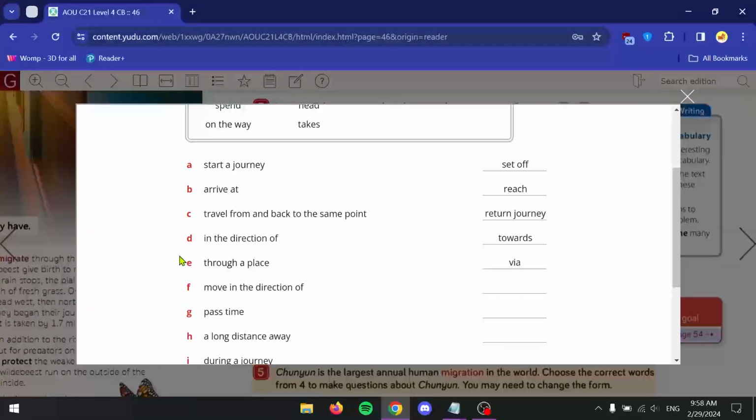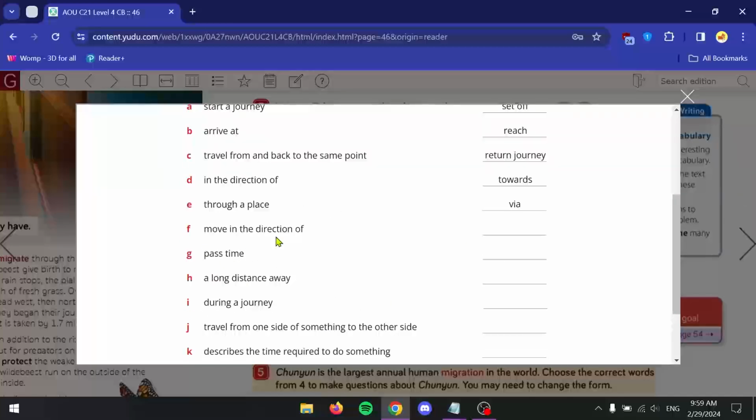You could say I'm going through the bridge, or via the bridge. It means the same thing. You're using that particular space to move through. Okay? Use that platform, if you will, to get to your destination.